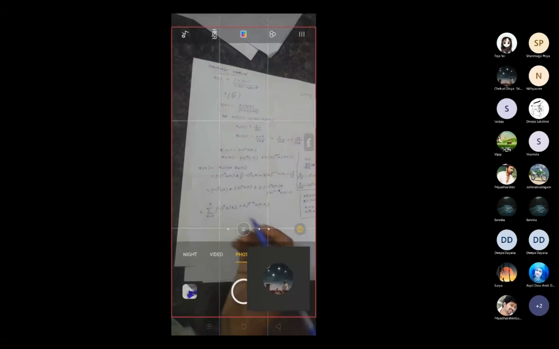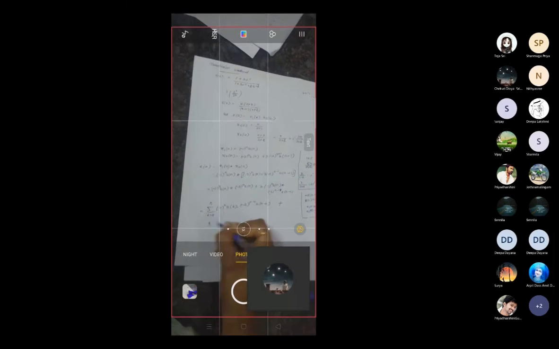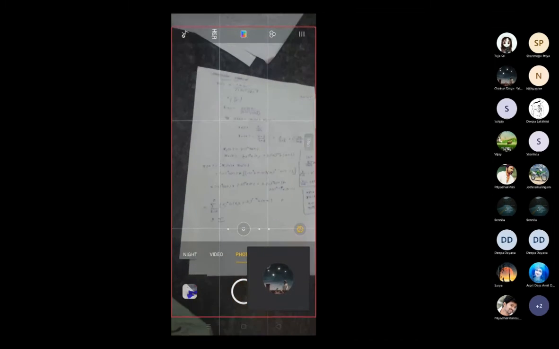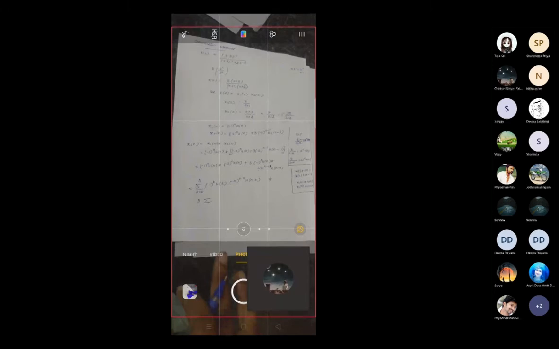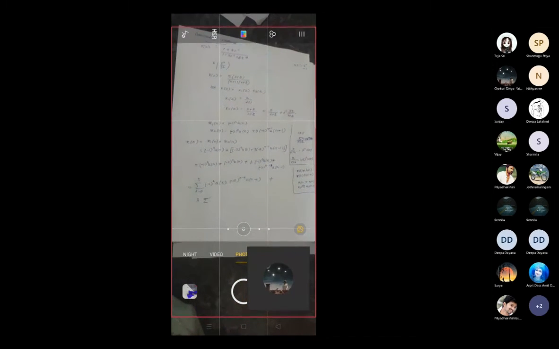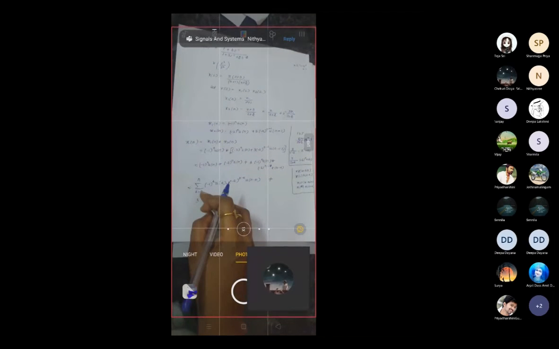Then write the second one. Here there is one constant value, so write that 3 first. After that, the summation. In a convolution, the lower limit should always be based on the first term. The first term is u[n], so obviously it will be 0.